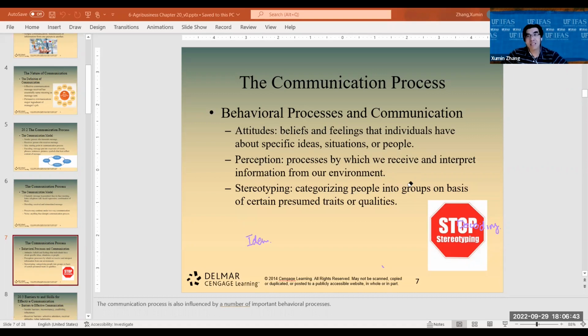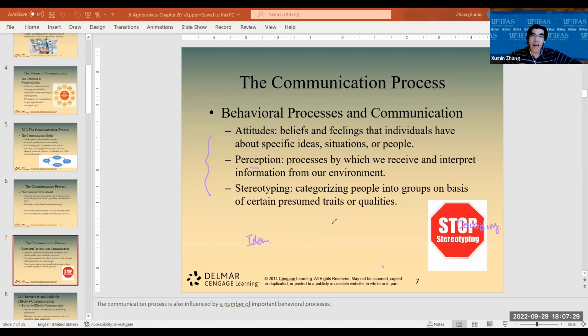And somehow this is my behavioral process, and it causes ineffective communication, right? But also let's say the attitude. See, this is very interesting when we talk about leadership, when we talk about individual differences. Remember the differences? We talk about personality, attitudes, perception, stereotyping, right? Like a bias.